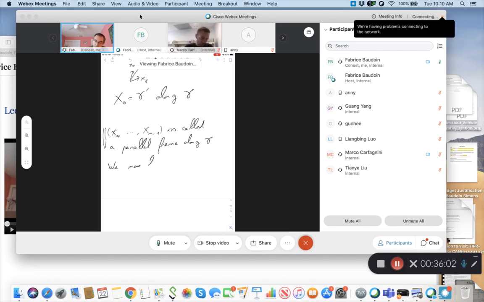That is, y of t is a vector field along gamma. So we know that it can be expressed in terms of the vector fields xi using some coefficients yi.